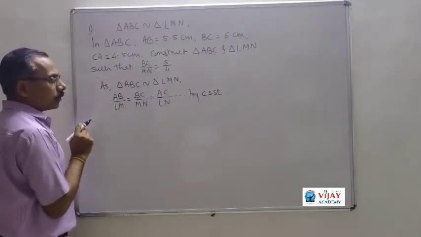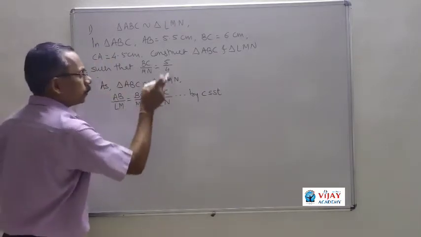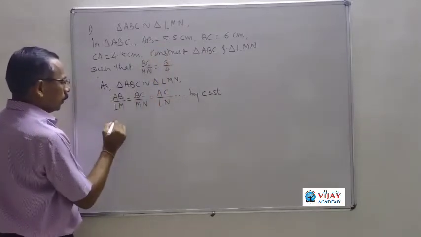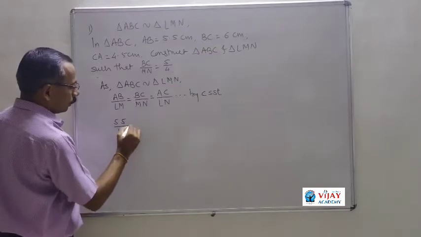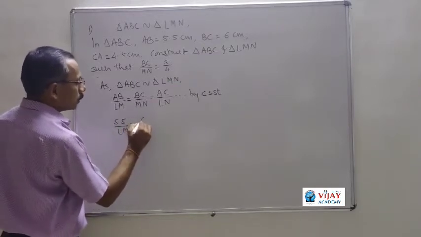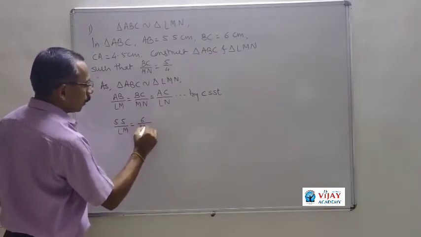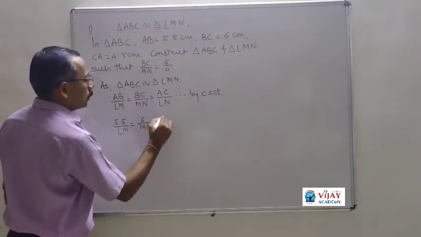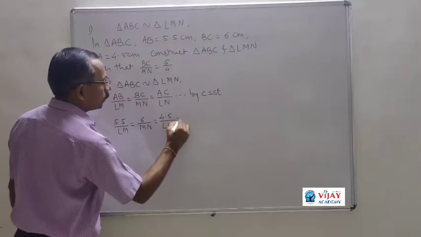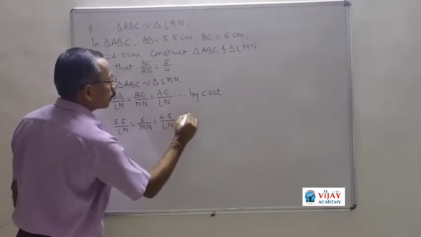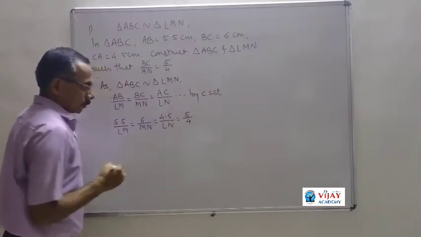The values are given: AB is 5.5 upon LM, BC is 6 upon MN, CA is 4.5 upon LN, and the ratio is 5:4.